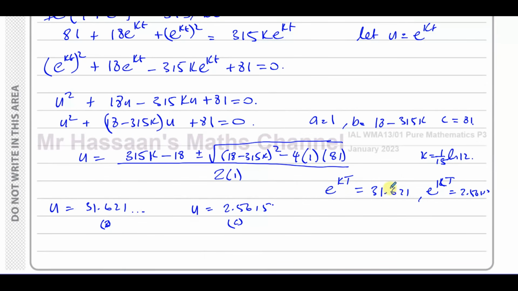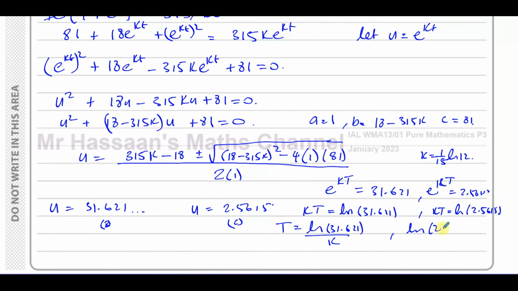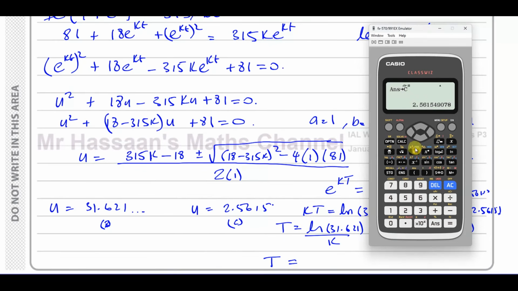If I take the ln of both sides, this will be k times t equals the ln of 31.621, and here we'll have kt equals the ln of 2.5615. So t is going to be ln of 31.621 over k, and also the ln of 2.5615 divided by k.